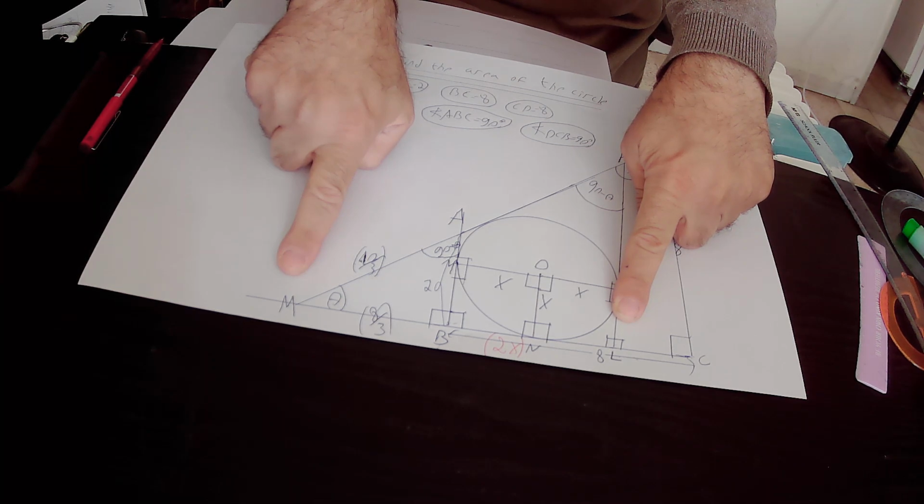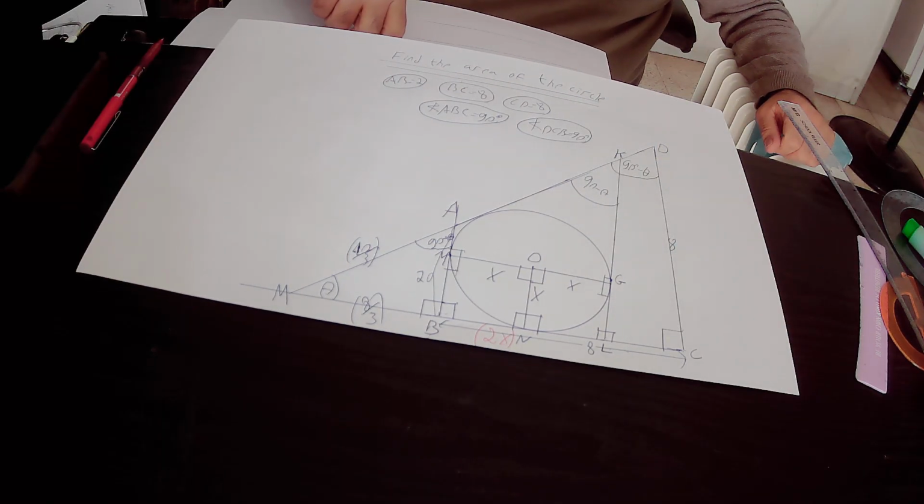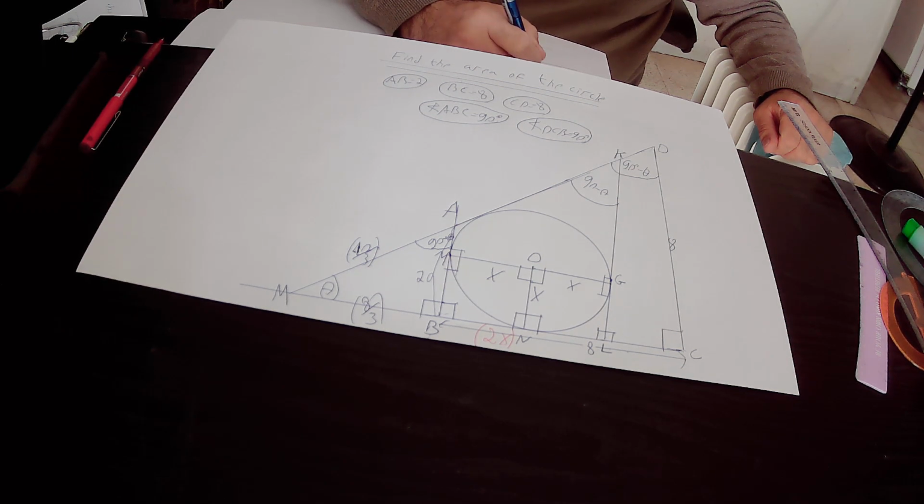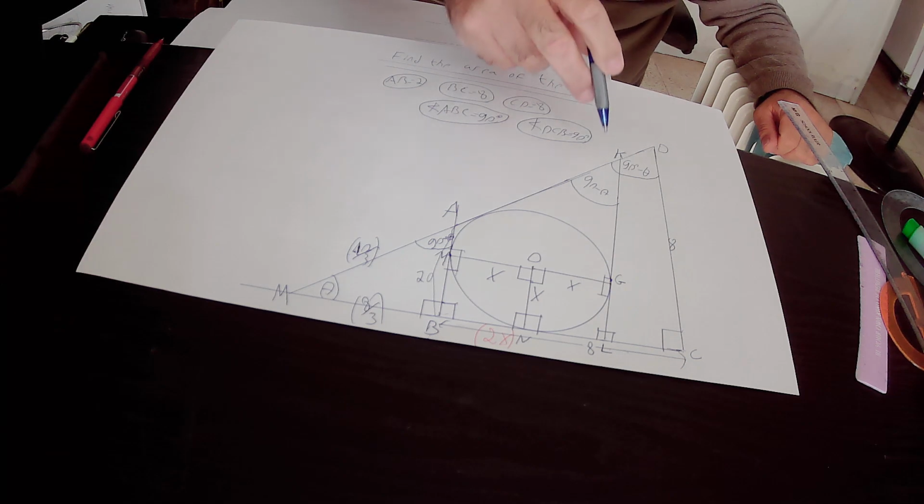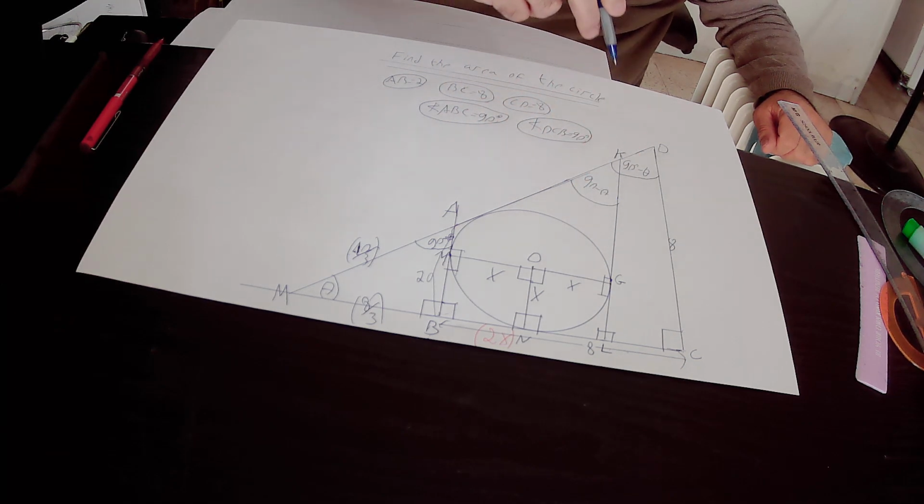So we substitute ML by 8 over 3 plus 2x, divided by MB. It is equal to KL. KL is the missing side, so we leave it as it is.